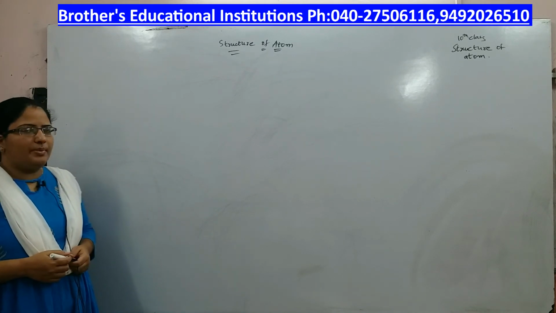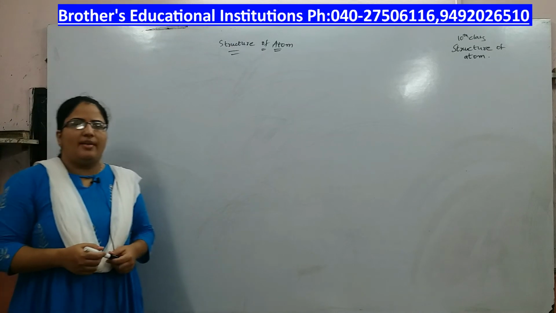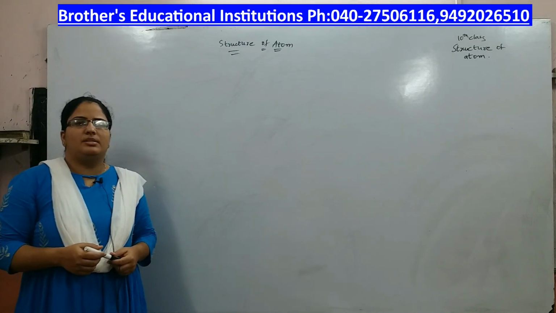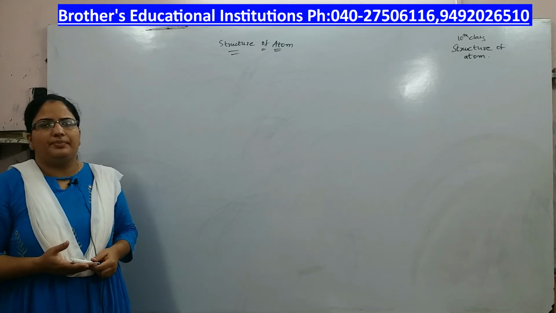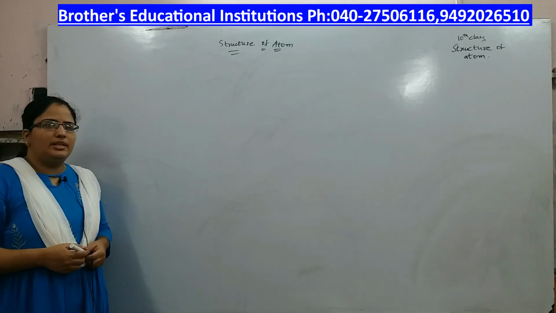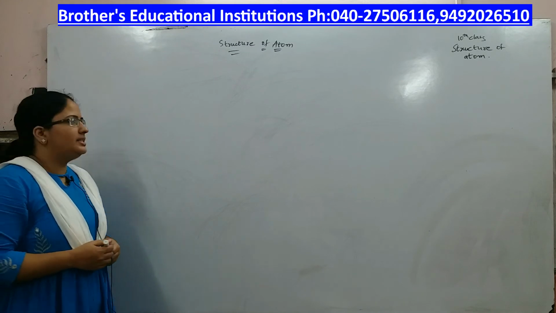Before going to this topic, in 9th class you have discussed various atomic models like J.J. Thomson, Bohr's model and Rutherford's model. Now, how are the subatomic particles arranged in the atom?